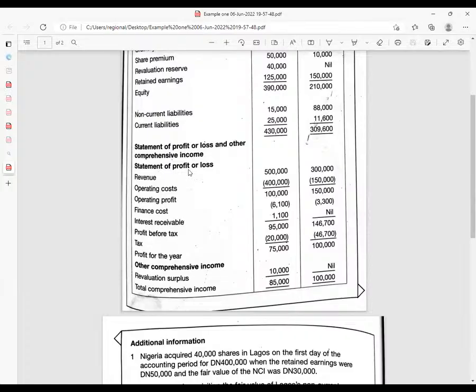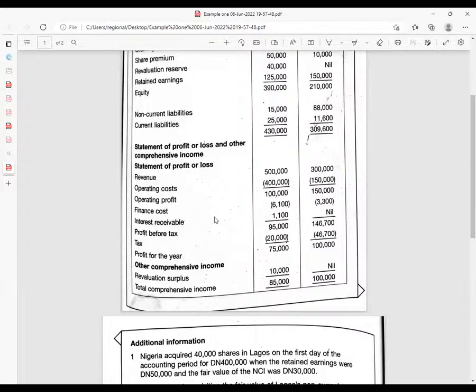So we have, first of all, the statement of profit or loss, and then other comprehensive incomes. Under other comprehensive incomes, I have revaluation, and then I'll be bringing in the foreign currency exchange. It also falls under other comprehensive incomes.